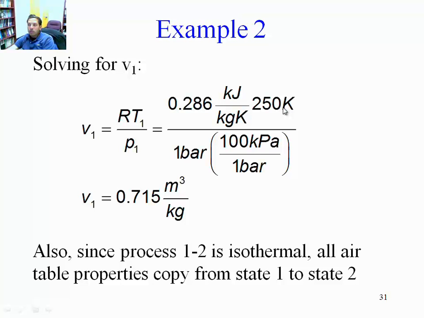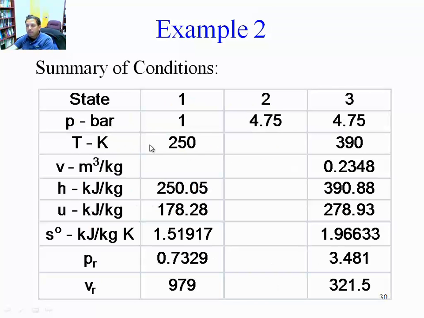We found that T1 is equal to 250, and V1 then is equal to 0.715. So we stick that in here, 0.715. Also remember, we could have used this ratio of VR because the process from 3 to 1 is an isentropic process, so we could use PRs and VRs. So we know that V1 over V3 is equal to the ratio of VR1 over VR3, which is about 3 to 1, as you can see. So this volume 1 should be about 3 times larger than volume 3.